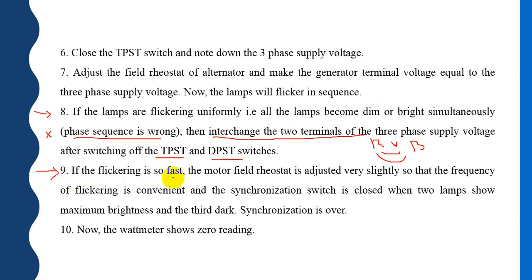After interchanging, turn on the TPST and DPST switches. If the flickering is too fast, the motor field rheostat is adjusted very slowly so that the frequency of flickering is convenient.